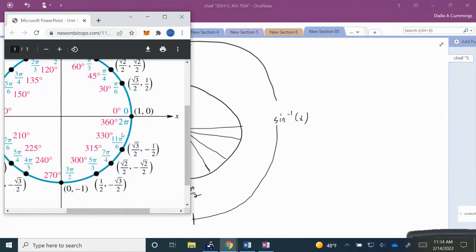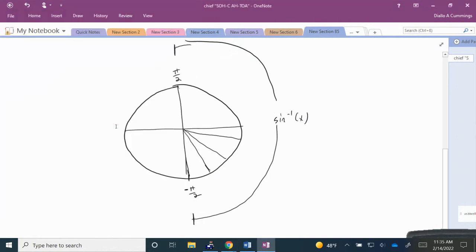Notice on the unit circle, if we're looking at the fourth quadrant, all of our angles are positive. However, when we list out the arc sine angles, if that angle is in the fourth quadrant, it must be a negative angle. So what I'm alluding to is that 11 pi over 6, which is 330 degrees, is actually negative pi over 6.